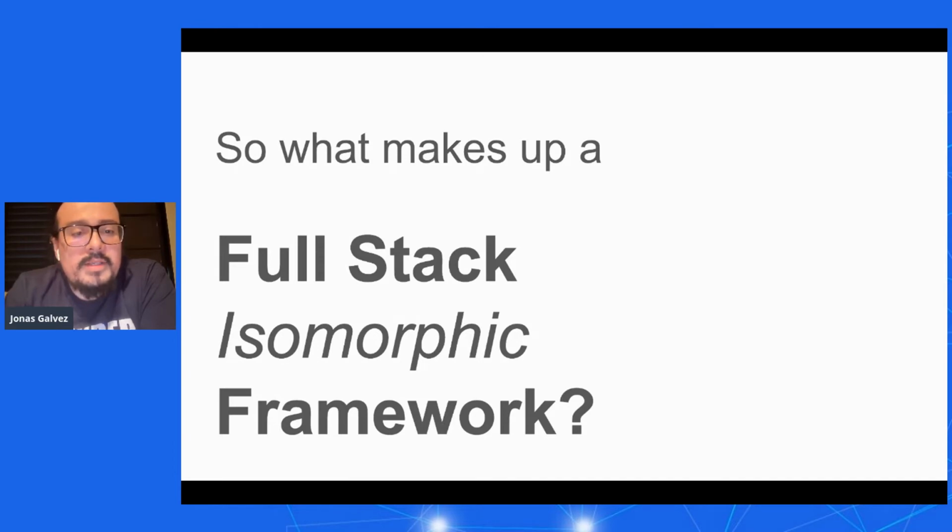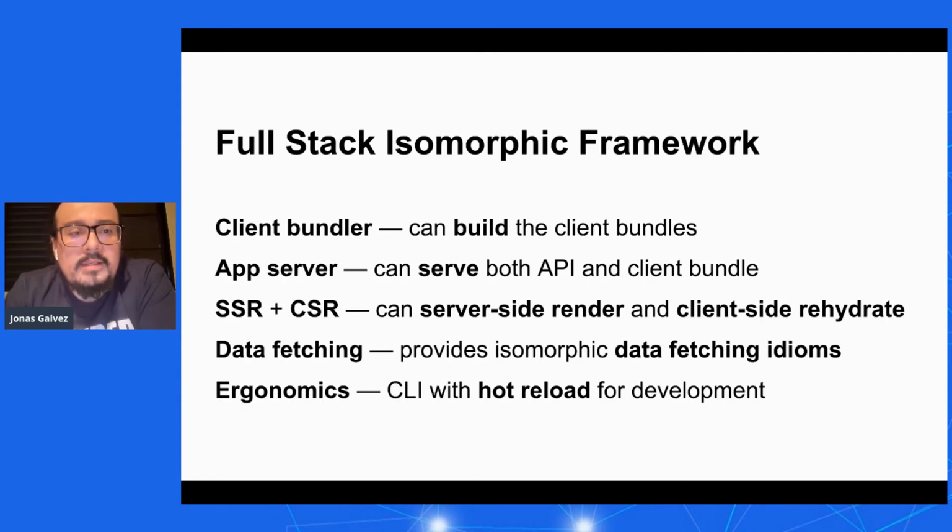So what makes a full stack isomorphic framework like Nuxt.js or Next.js? I have identified 5 key features that these frameworks have, and I'm talking about Nuxt.js and Next.js because they all share these functionalities. So they have a client bundler.